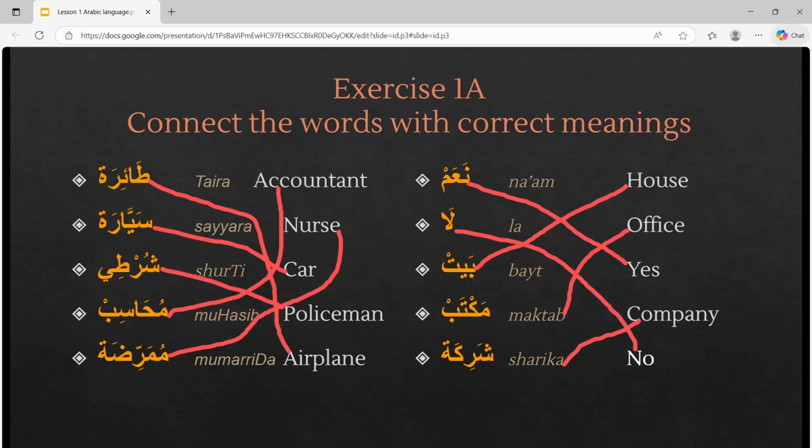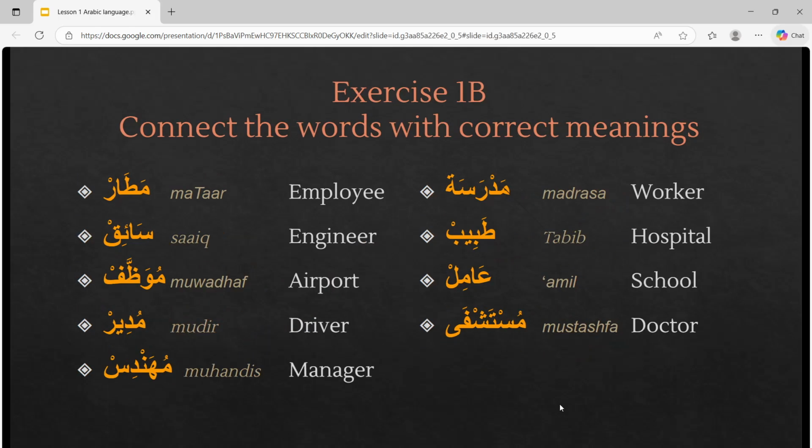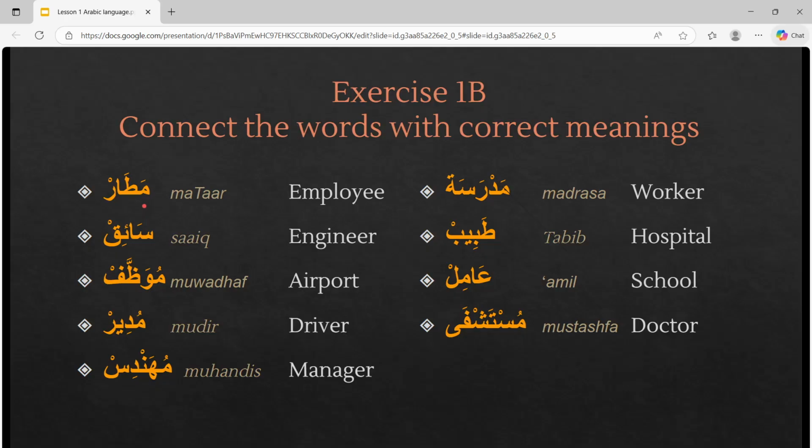Let's move on to the next slide here. Same exercise. Let's connect the words again with the correct meanings for the remaining vocabulary. Matar. What does matar mean? Matar is an airport. سائق. What do you think سائق means here?